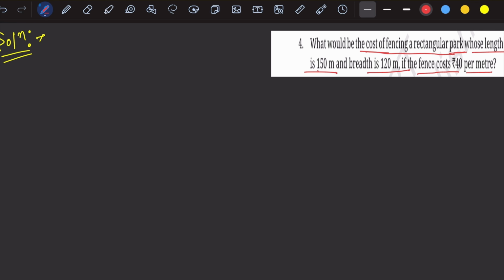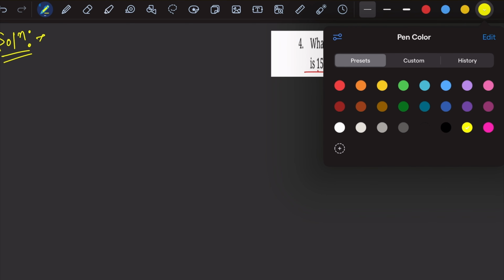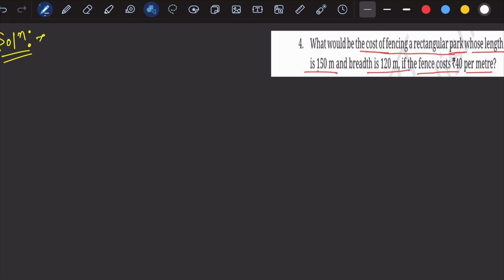Here in the question we have to find out the fencing cost. Let me make a rectangle. Let's suppose this is our rectangular field. Now length is given. What is the value of length?